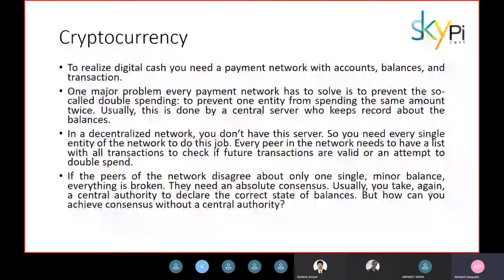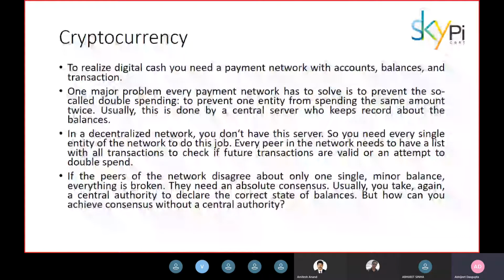This is done through a technique called consensus. If the peers or the nodes of the network disagree about only one single minor balance, everything gets broken. We need an absolute consensus on all the transactions that are happening on the blockchain to maintain this.